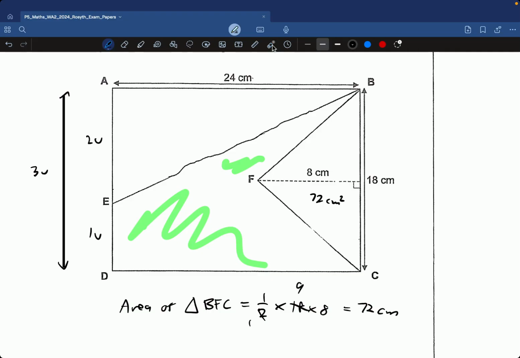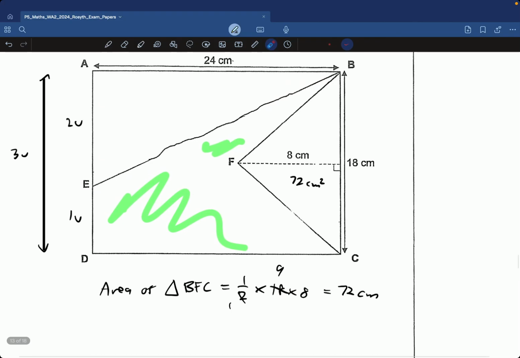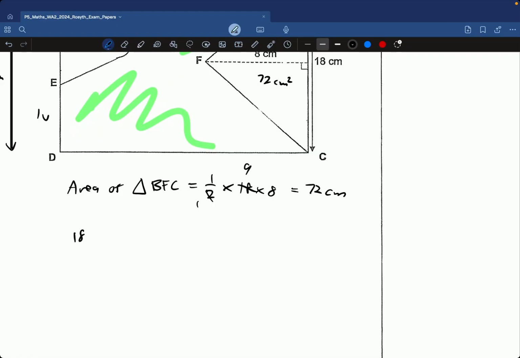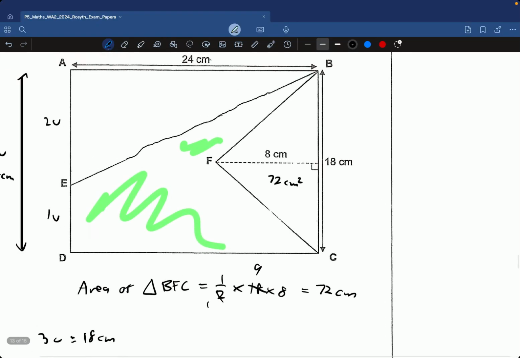So now we need to get this second one. Okay, so we already know this height, we need to get the base. Since we know this total is 3 units, which is 18 centimeters in this case over here, 18 centimeters is equal to 3 units. 1 unit is equal to 18 divided by 3, which is equal to 6, and then AE over here is actually 2 units.